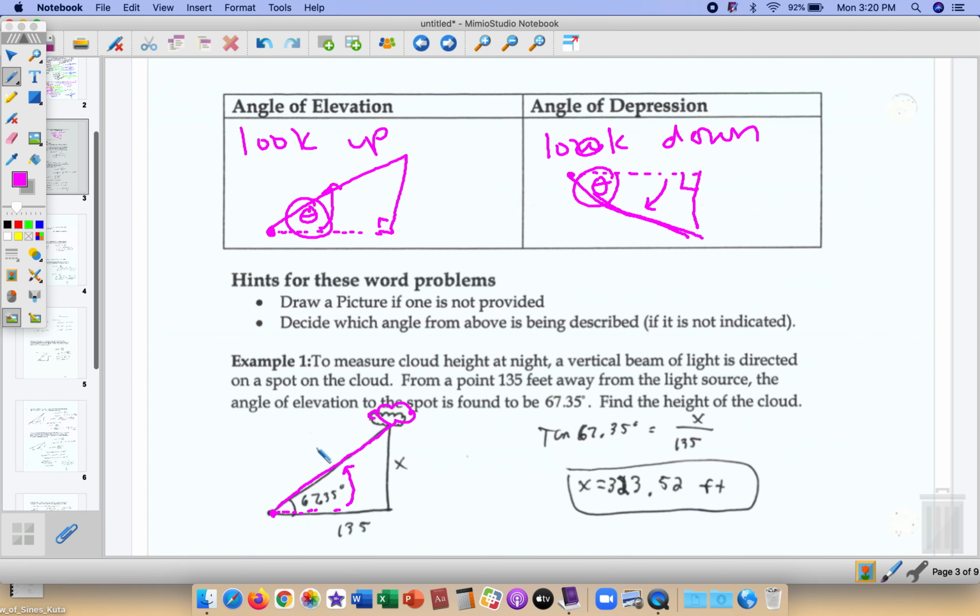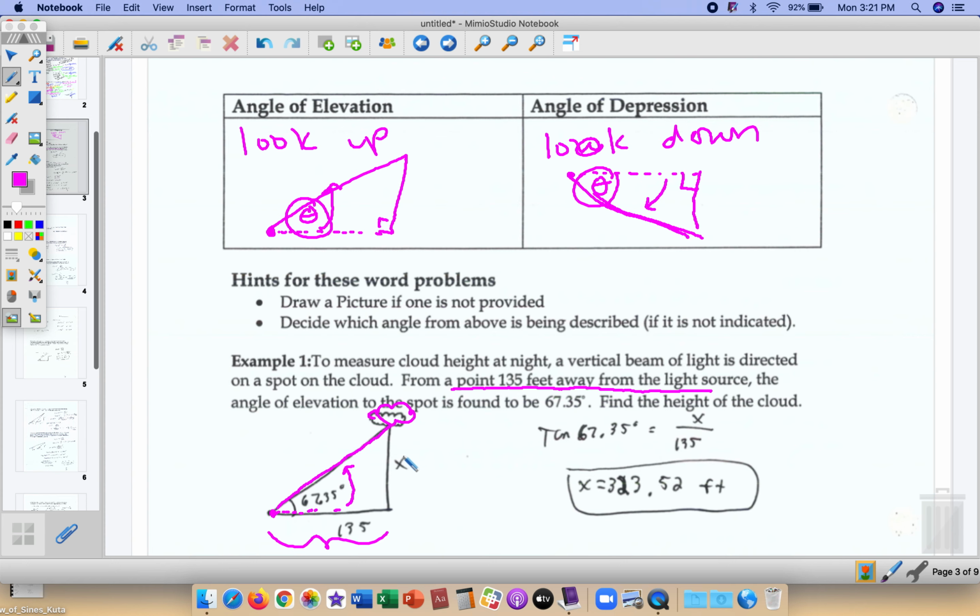The angle of elevation is 67.35. Then it says the distance from the point 135 feet away from the light source. So that's how we know that this distance is 135. And then it says find the height of the cloud.